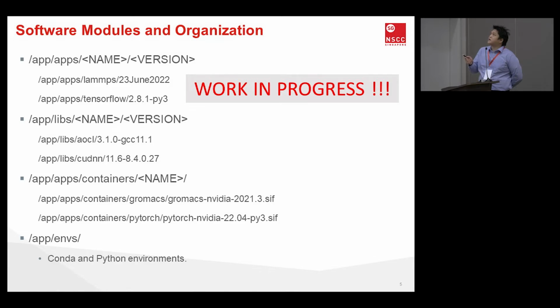So you will get this, the software are located at this location. And the same for the libraries, okay? As well as the containers. So these are the Singularity containers, which can be found at the apps containers. And we also have the /app/environment to support your conda and Python environments. Note that this is work in progress, okay?